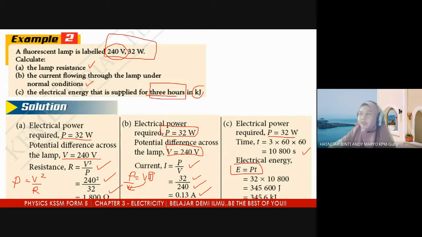You just substitute power 32 and the time. This is the answer in joule. But remember, they ask you to write in kilojoule, so we are not finished yet. How to write in kilojoule? Divide by 1,000. So you move 3 points forward, 1, 2, 3. So they will give you 345.6 kilojoule. You put the k there, the symbol for kilo.